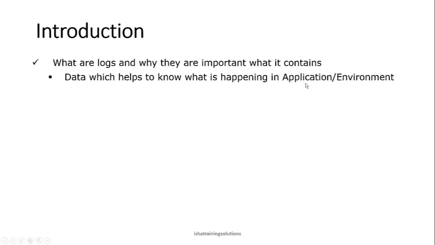Apart from that, we will have custom logs which you write in a different path. And in the environment, let us assume your application is deployed in Azure, AWS, VMware or a Xen server. That environment will also have some set of logs. So these logs will be used to analyze issues.